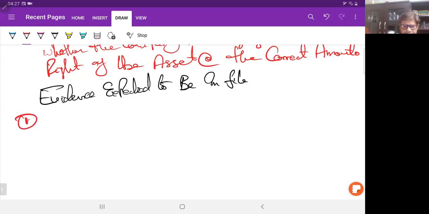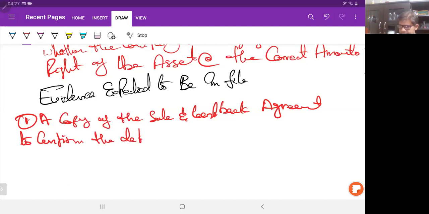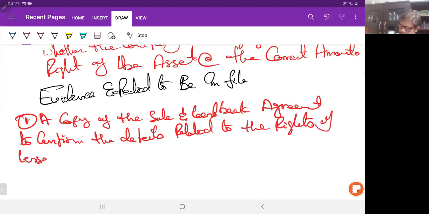So first is a copy of the sale and leaseback agreement to confirm the details related to the rights of lessee and lessor.